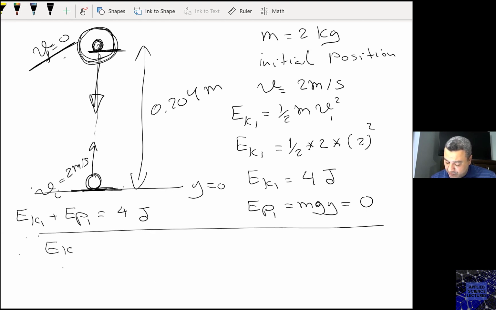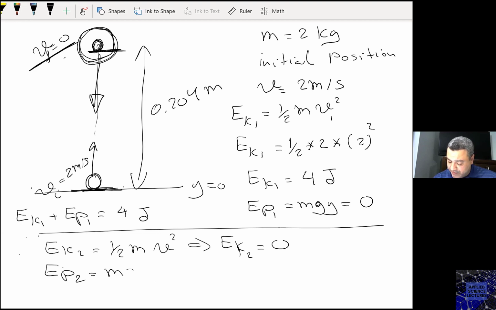So EK2 is half mv squared, because the speed is 0, then EK2 is 0. What about EP2? EP2 is mgy, and in this case EP2 is M, 2 kilograms, times 9.8 times 0.204.